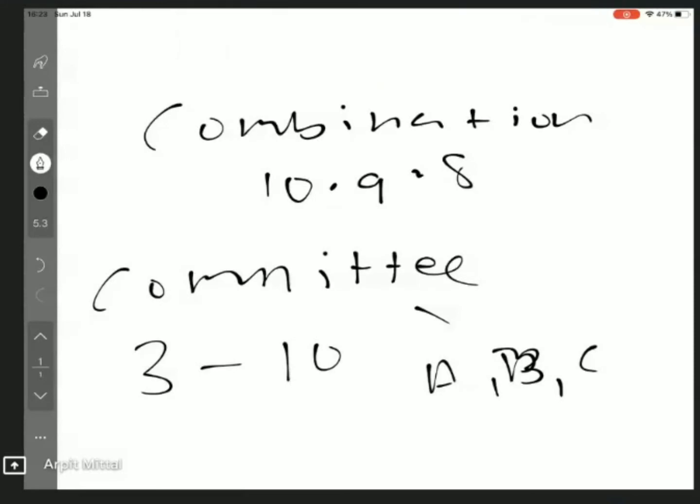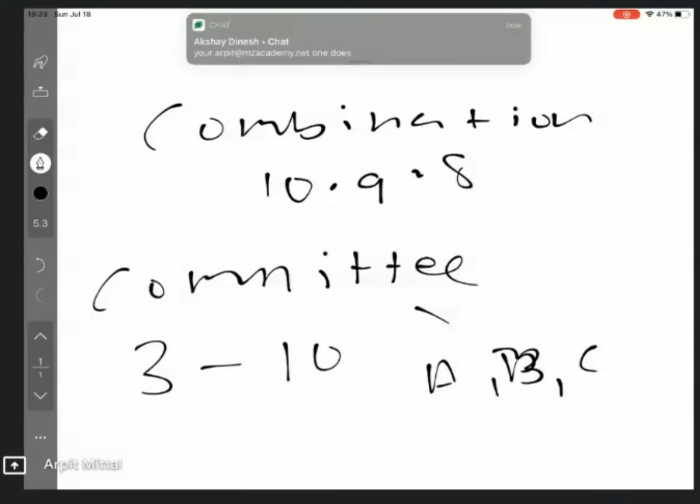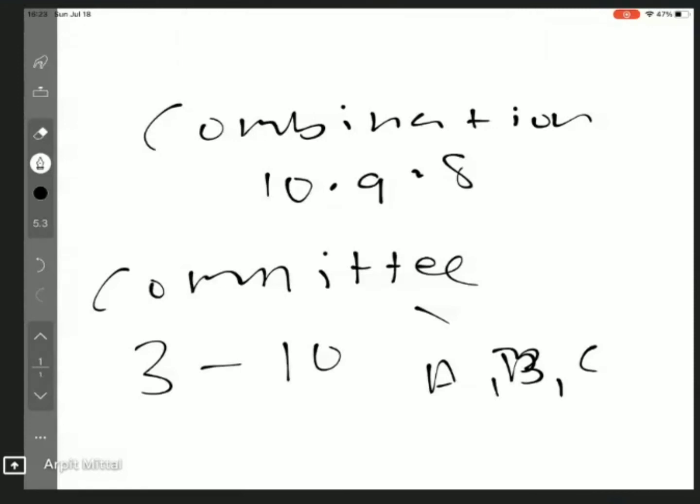This is why we have to divide to fix our mistake. Each committee A, B, C can be arranged 3 factorial ways, right? So each committee is being counted 6 times. That's why we have to divide this multiplication by 3 factorial to get our final answer.